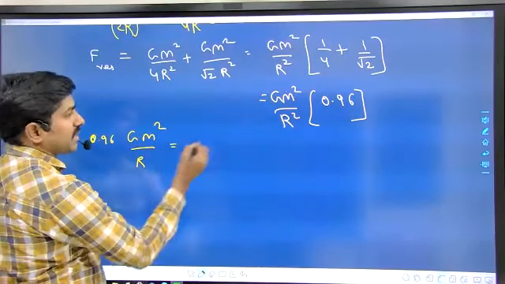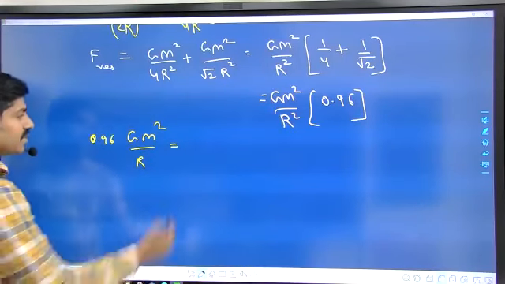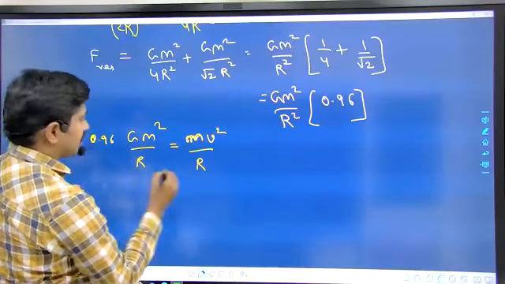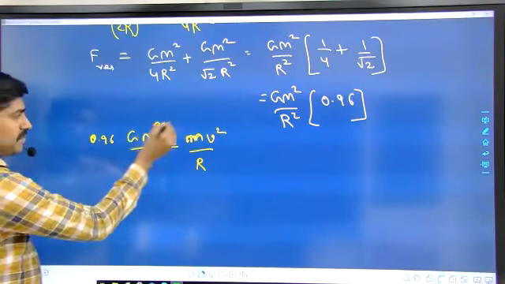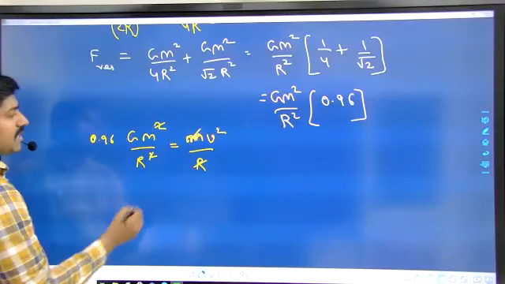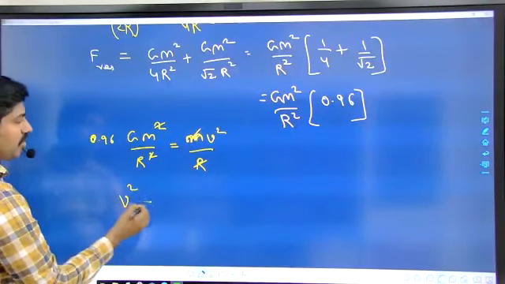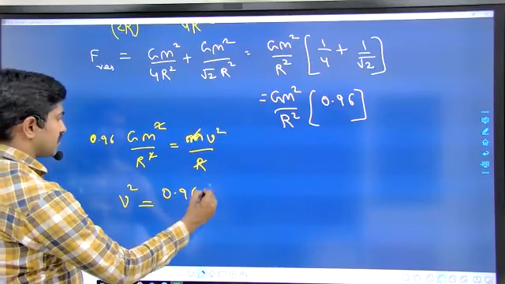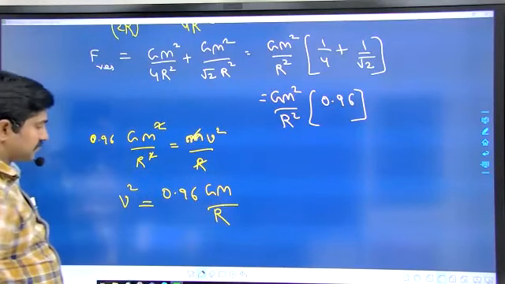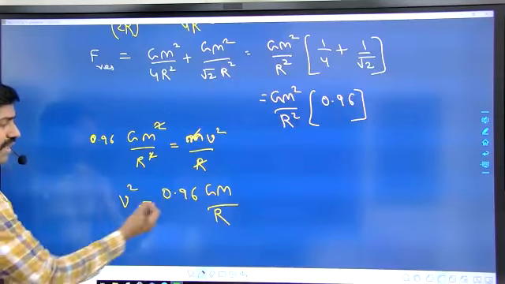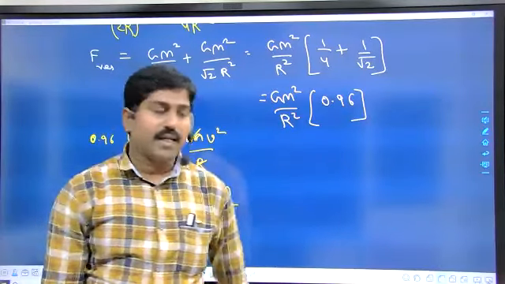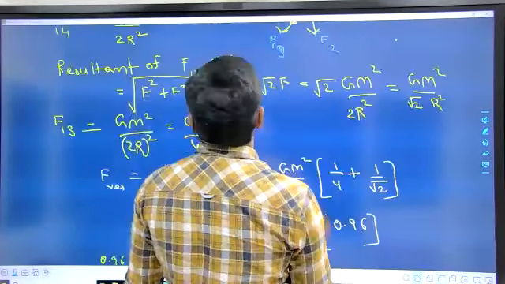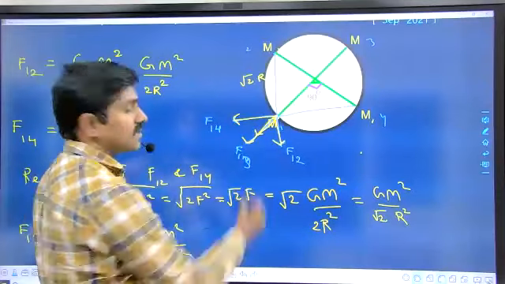Based on the options given, you can write this particular numerical value equal to m v square by r, and m and m will get cancelled, r will get cancelled, and finally v square will be how much then? V square will be 0.96 G m by r. So v is equal to square root of 0.96 G m by r. That is the answer for velocity of each particle in this particular given case.